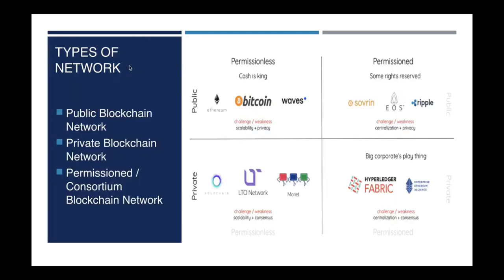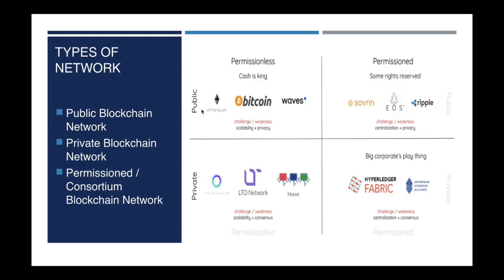There are different types of blockchain networks, as you can see from the diagram that we have made here. It is mainly classified into public blockchain, private blockchain, or permissioned or consortium blockchain. Each of these categories has its own implementation.